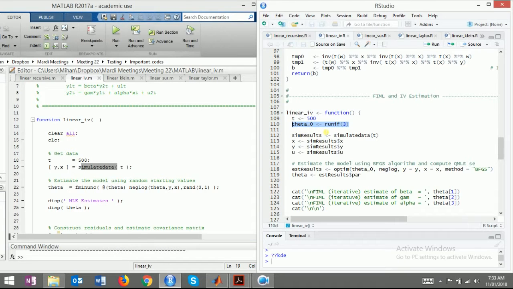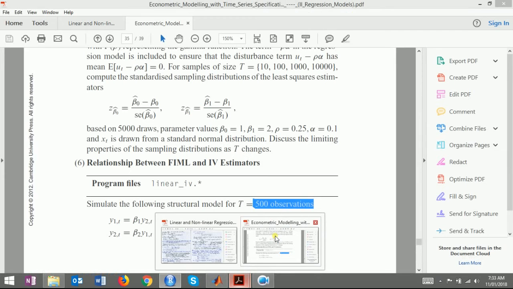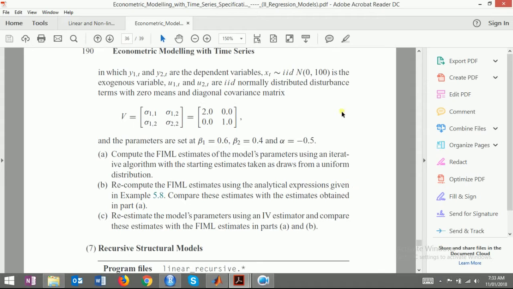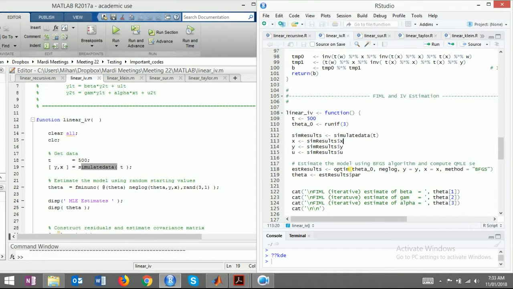So the model uses an iterative method with the starting estimates taken as draws from the uniform distribution. So theta naught is the starting estimate for the optimization problem. So sim results will call the simulate data function that we have created before, where the X column information will come in X, the Y column information will come in Y, the U column information will come in U from simulate data.